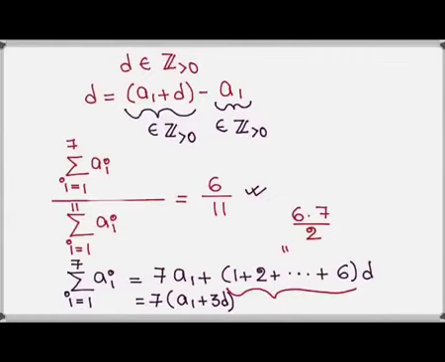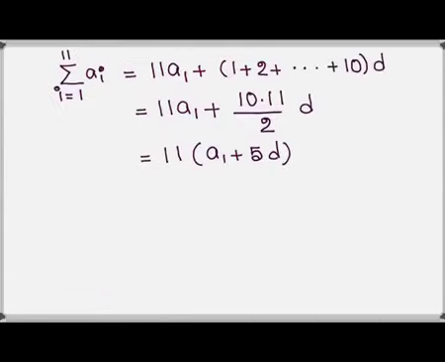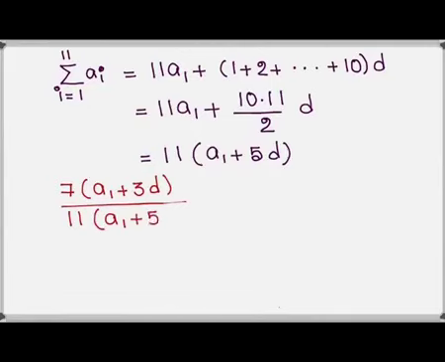Therefore, from this equation we get 7 into (A1 plus 3D) divided by 11 into (A1 plus 5D) is equal to 6 by 11.